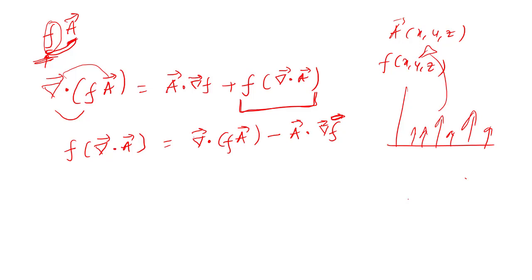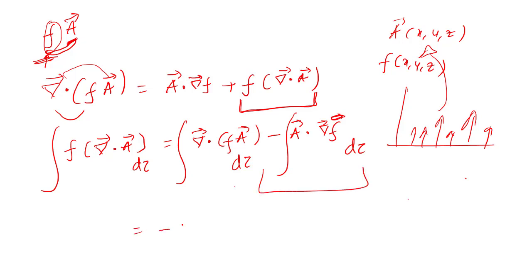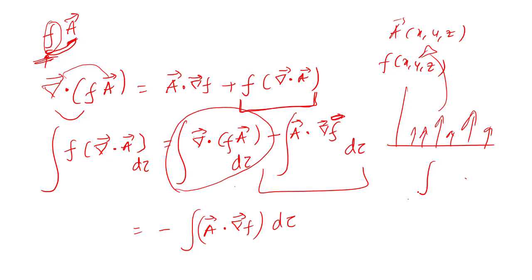So now if I perform a volume integral on these, this is simply the volume integral, so I'm going to write it as minus A dot gradient of f d tau. But now look at this one. This is a volume integral of the divergence of fA over the entire volume.